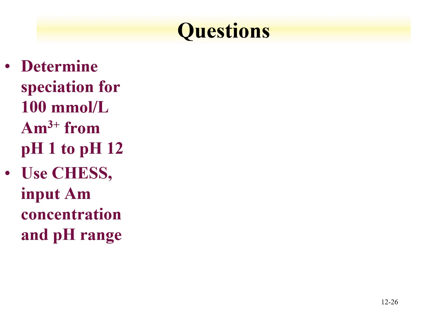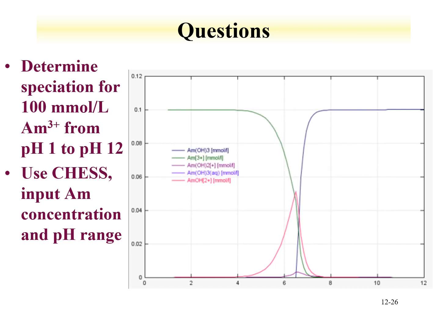This would have the way of accessing all the constants in the CHESS database, and you can develop a figure that would look like this, where you would see that the concentration of americium-3 is dominant at the lower pH. As you increase pH, it starts to tail off. You get the monohydroxide forming, a little bit of the dihydroxide, and then around pH 7 you start to get the americium trihydroxide formed.